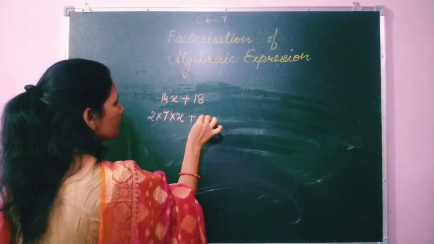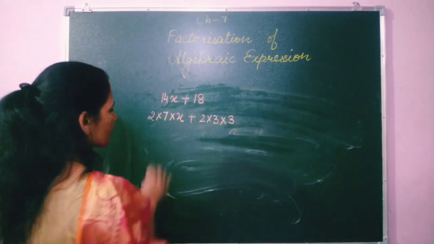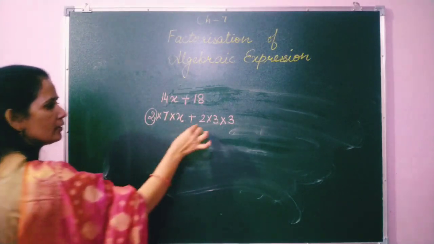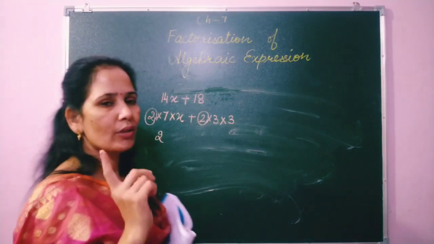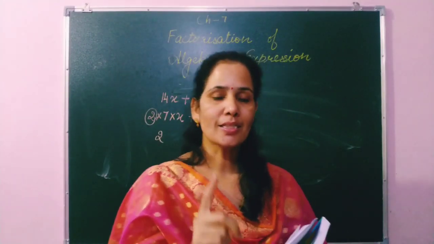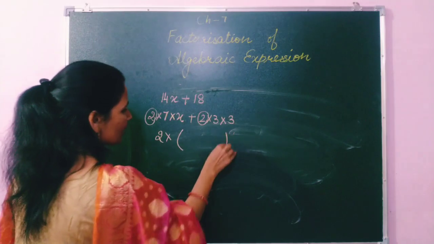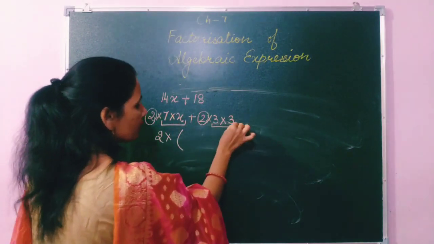18's factors are 2 threes are 6, 6 threes are 18. Now which number is common here? Only 2. So we have taken 2 outside, and whenever you write the factors, they are separated with the sign of multiply. If we have taken this as common, inside remains 7x and here remains 9.